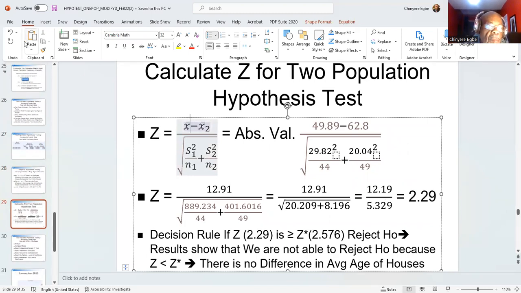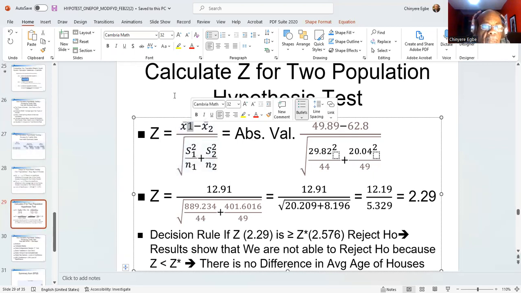Excuse me. I don't know why somebody put a comma there. Just give me a minute.